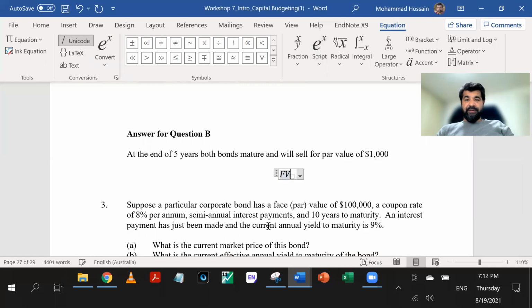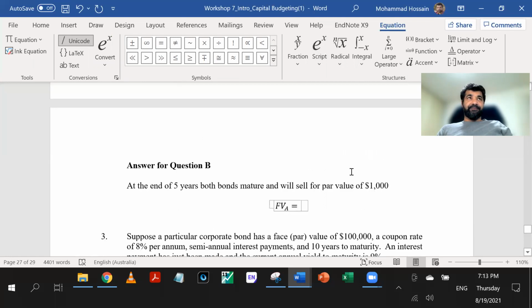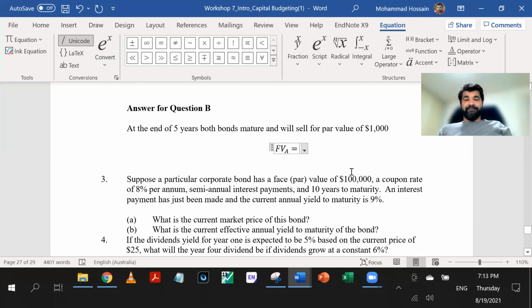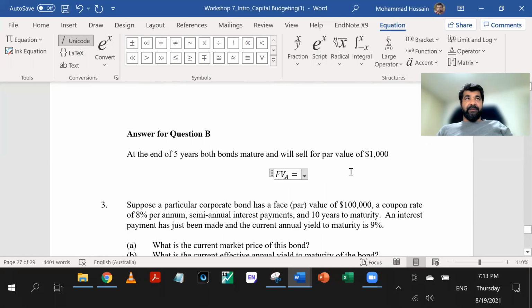The future value for bond A is equal to, let me get this, this is an annuity formula.